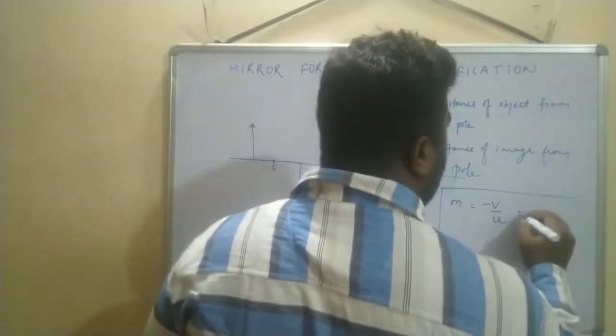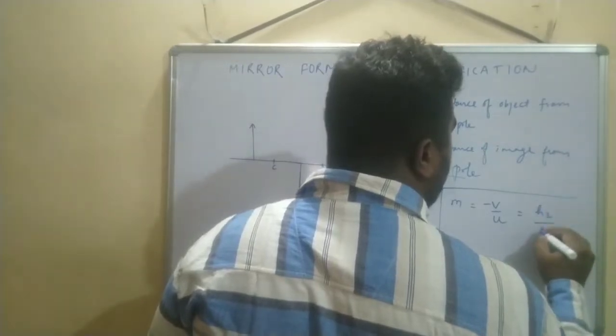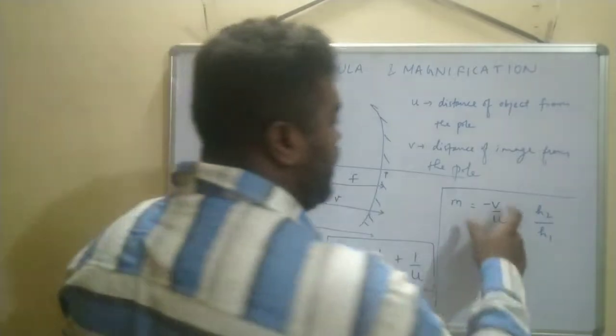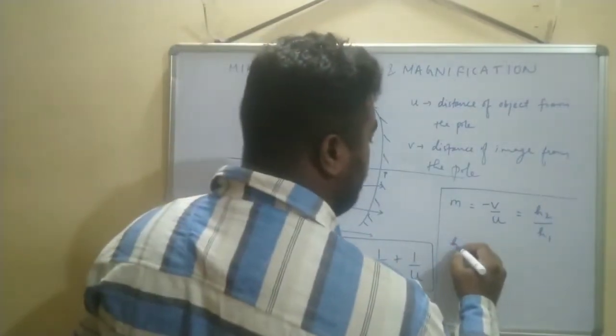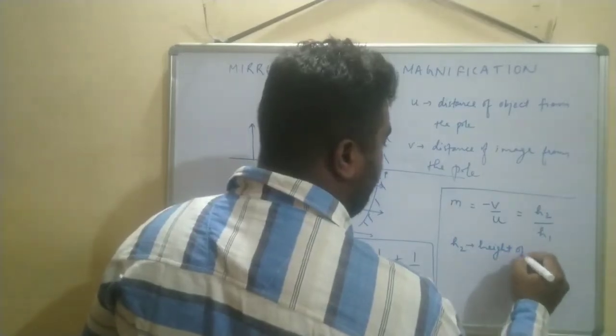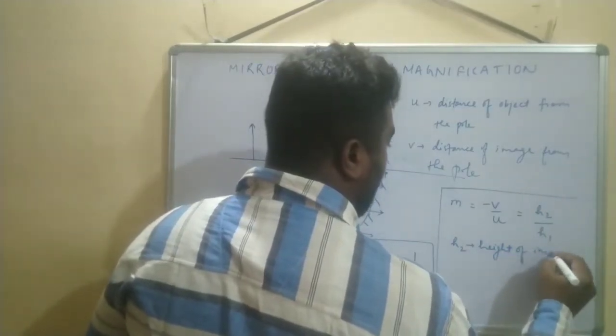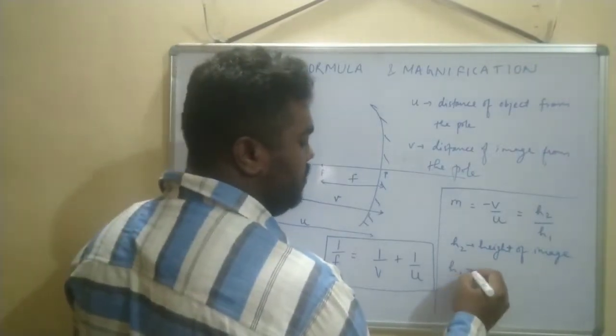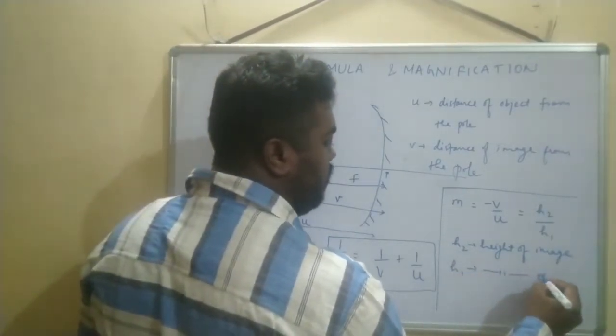Also there is one more formula, h2 upon h1, where h2 is height of image, second number is image, first number is object, height of object.